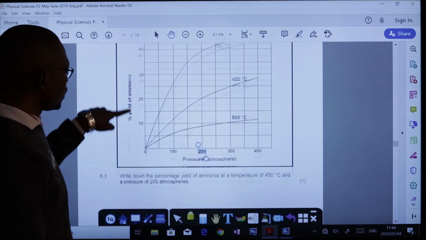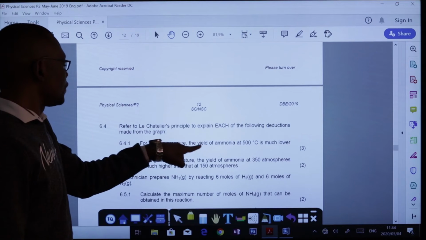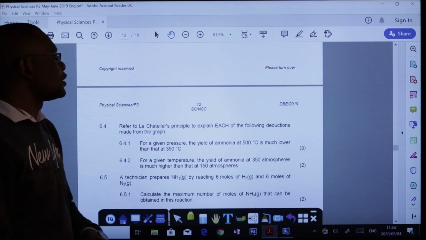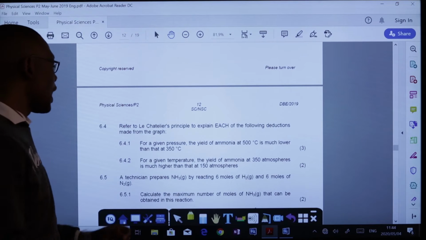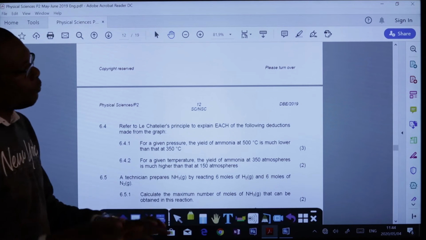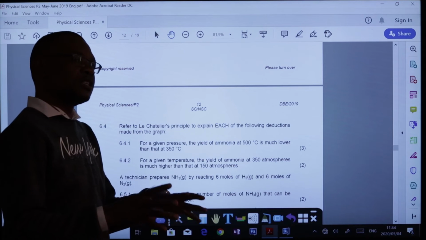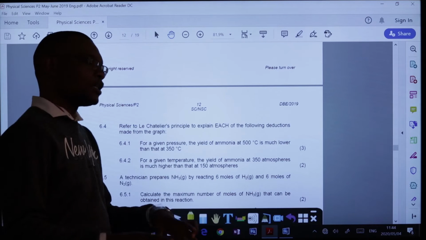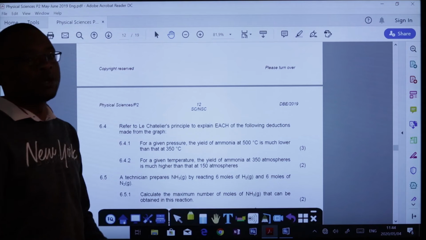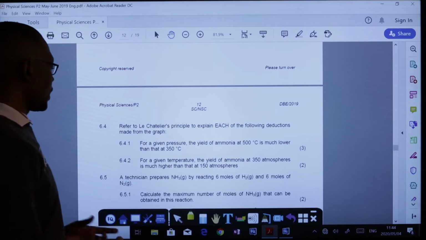So according to Le Chatelier's principle, the yield of ammonia at 500 degrees Celsius is much lower than that at 350 degrees, because the products will have to break down to consume the excess energy being supplied.